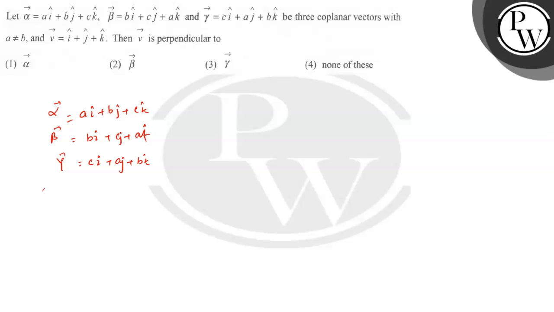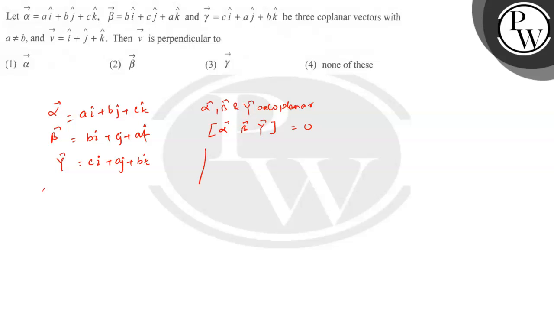So now alpha vector, beta vector and gamma vector are coplanar. That means the scalar triple product of alpha vector, beta vector and gamma vector is equal to 0.